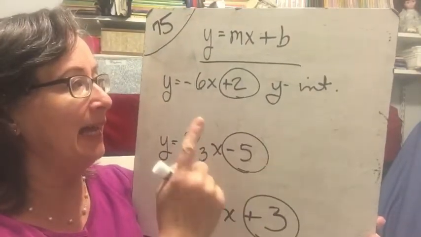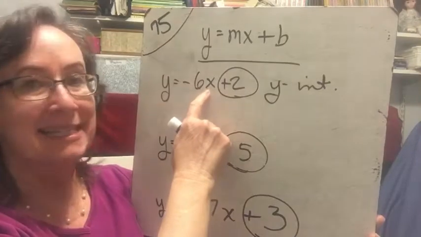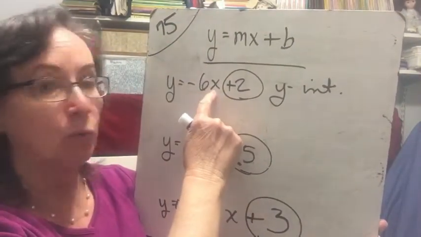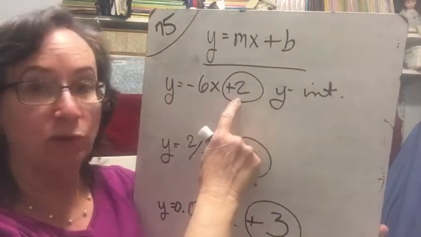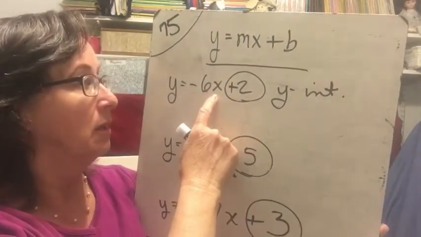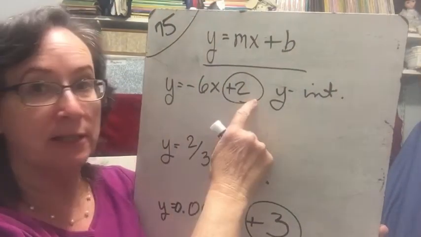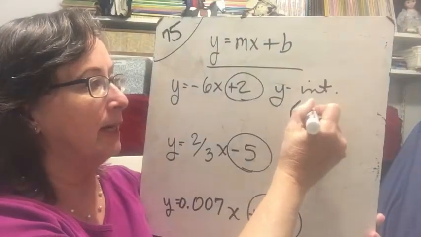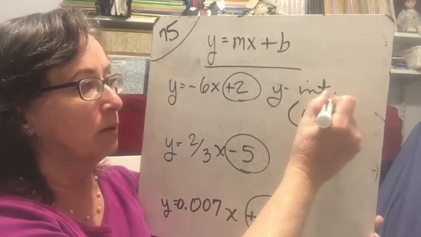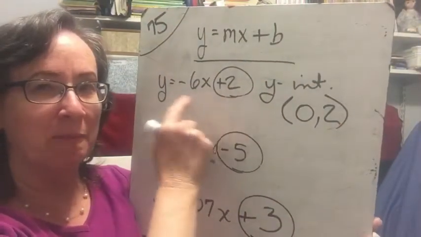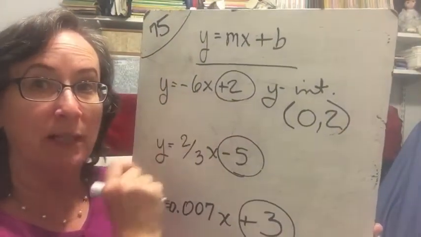If I let this x go to 0, then would not y equal 2? Okay, so if x is 0, then I'd have 0 plus 2 is y, or y would be 2. Well, that would be the point 0, 2. The y-intercept, remember, every point that makes this true is a point on the line.